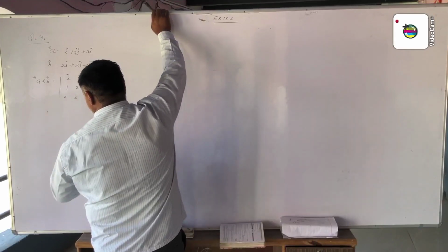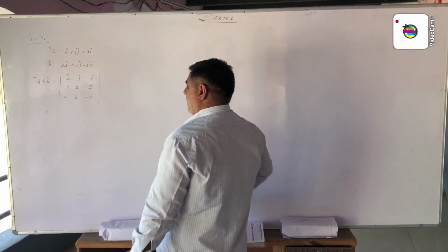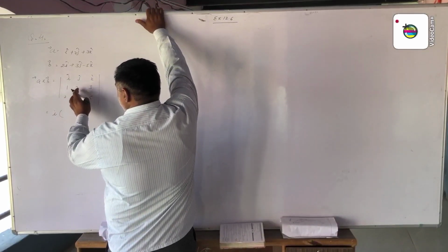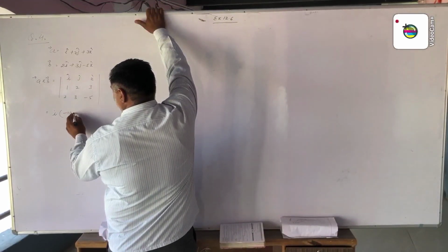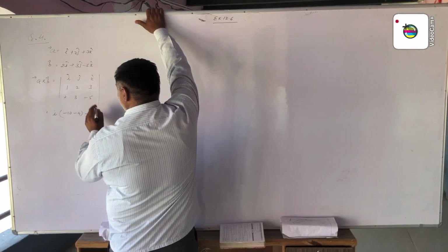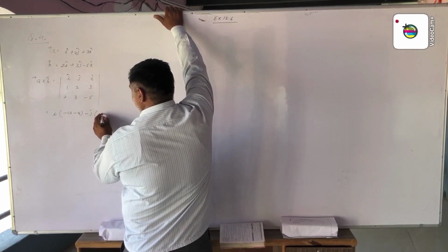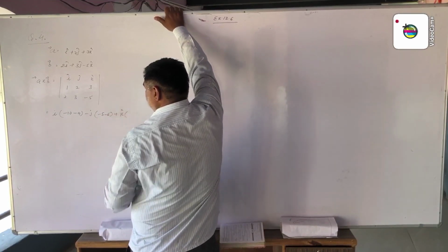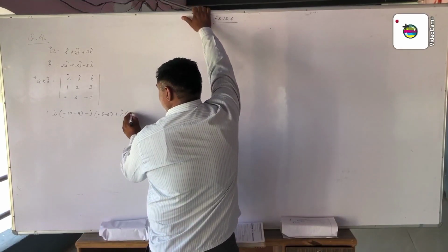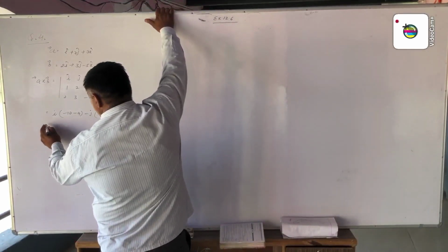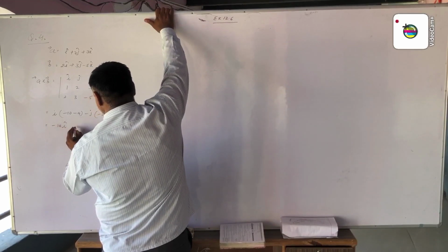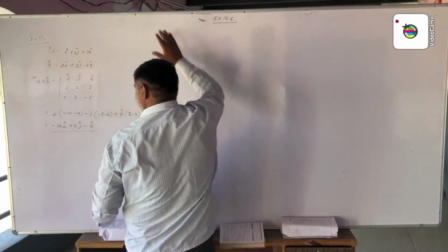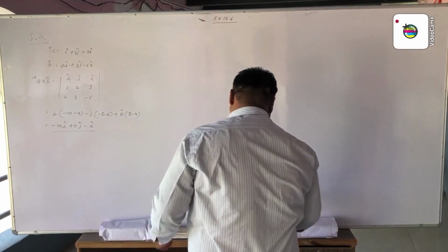Now we find A cross B of these vectors. We take the i component: i into minus 10 minus 9, minus j into minus 5 minus 6, plus k into 3 minus 4. We get minus 19i plus 11j minus k. These are the components of this vector.